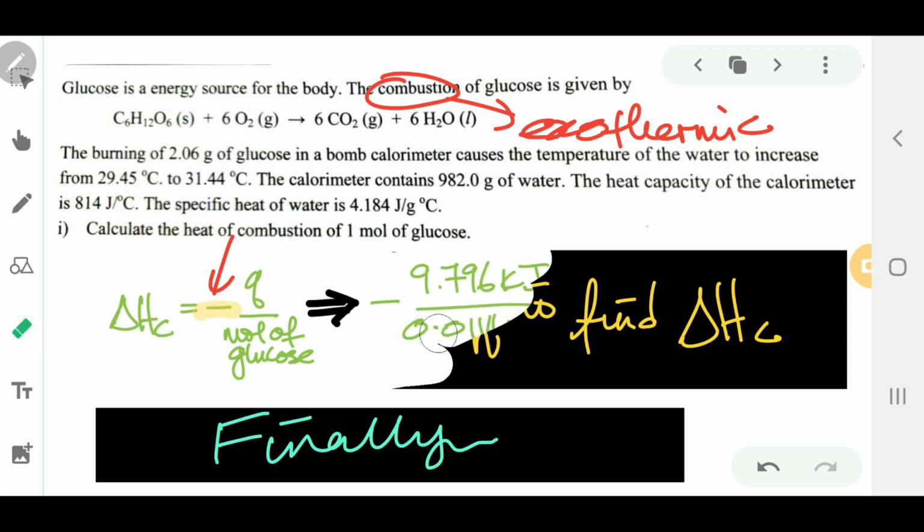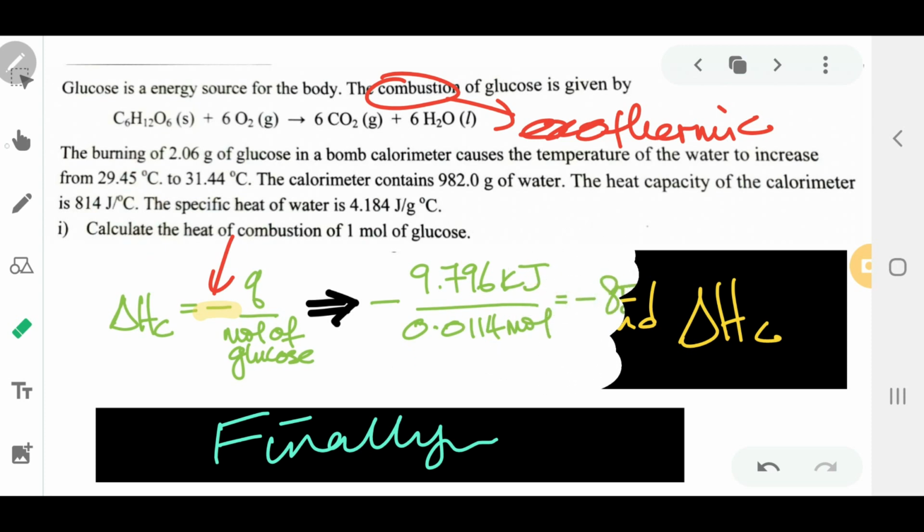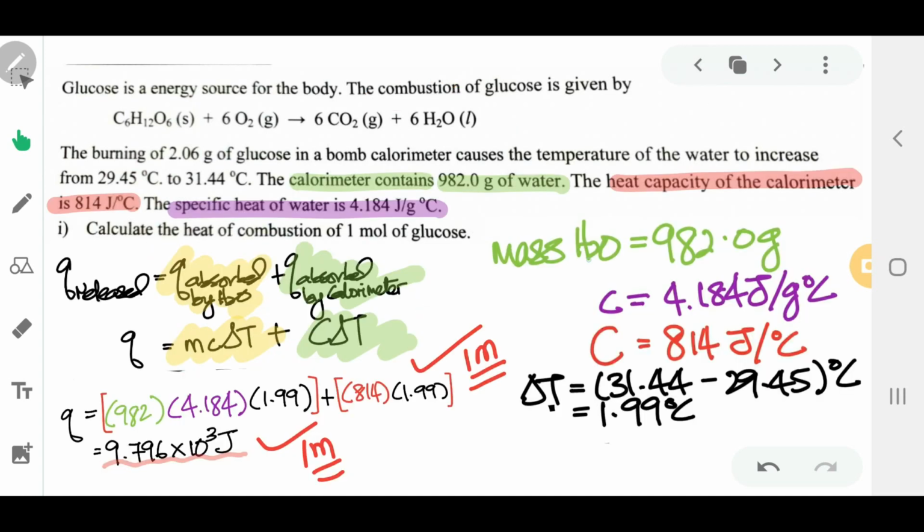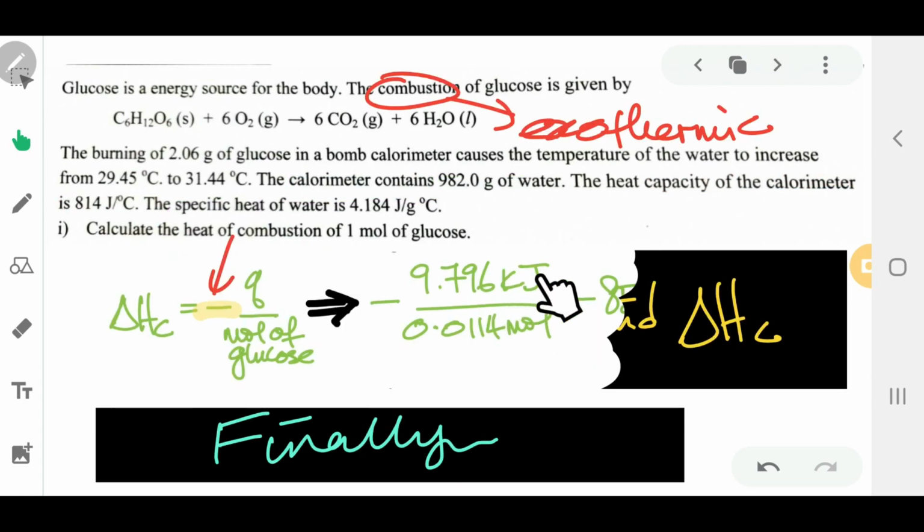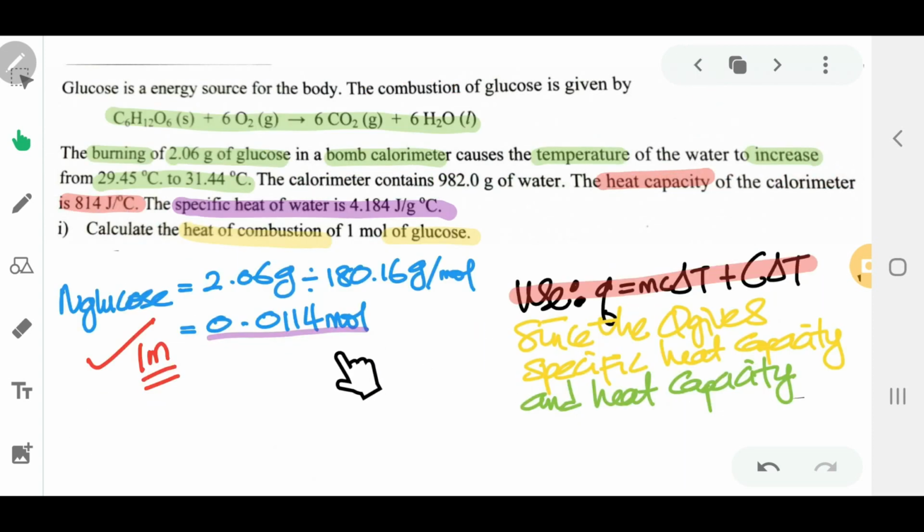And when you plug in the values that we have found out previously, you have the Q, which is 9.796 right here, in kilojoules, over the number of moles of glucose that we have worked out initially right there.